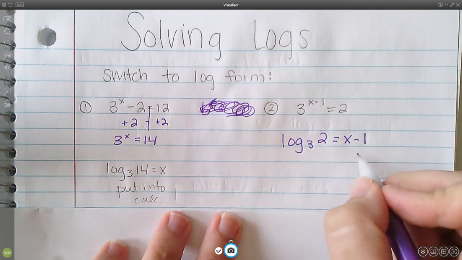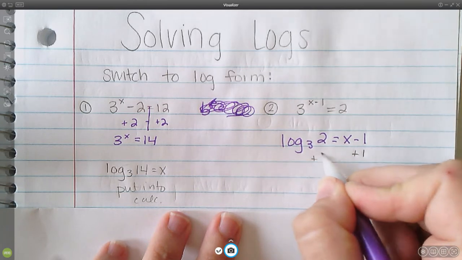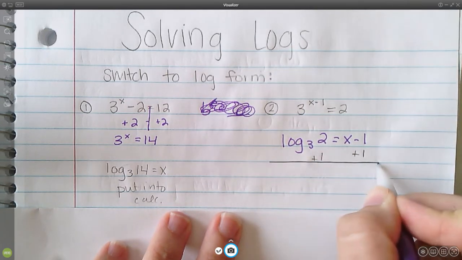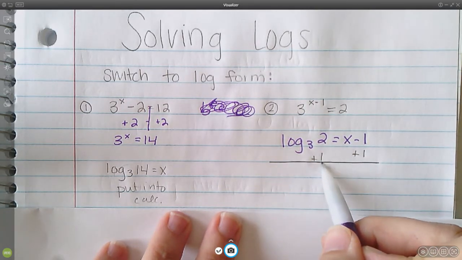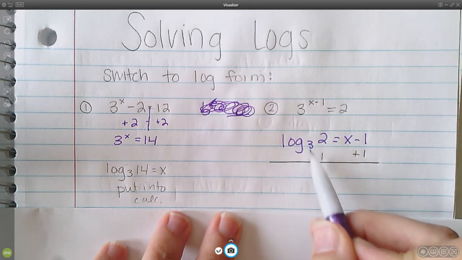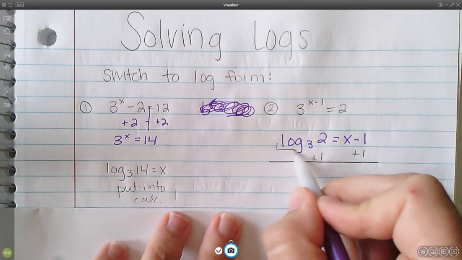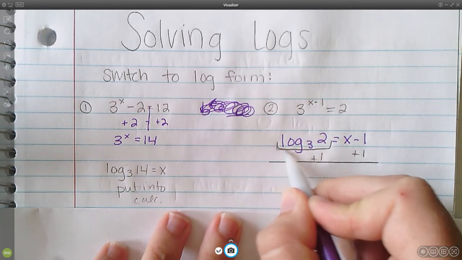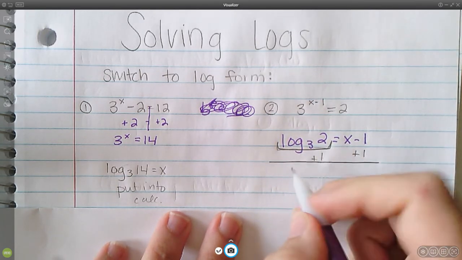So we need to add 1 to both sides. The biggest mistake people will make is they will take this 2 plus 1 and make it a 3. That is not what we're doing. You have to put log base 3 of 2 into your calculator first and then add 1.